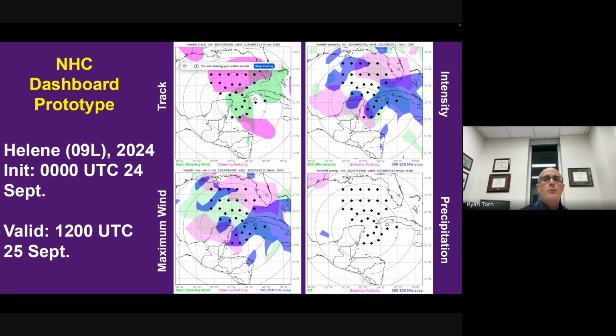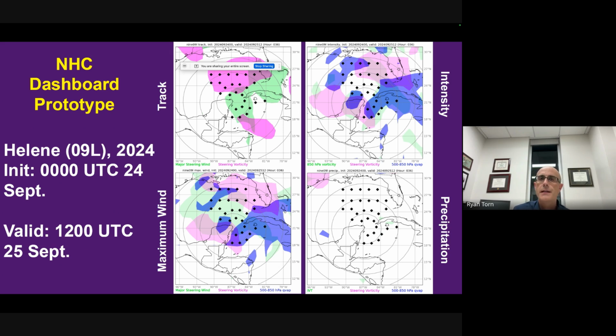In collaboration with my NHC colleagues, we've developed this dashboard version of the product, which shows sensitivity to all four metrics at the same time in this paintball format, where each color is sensitivity to a different field. The idea is that you really want to be deploying aircraft or deploying dropsondes where all of these areas overlap with each other.